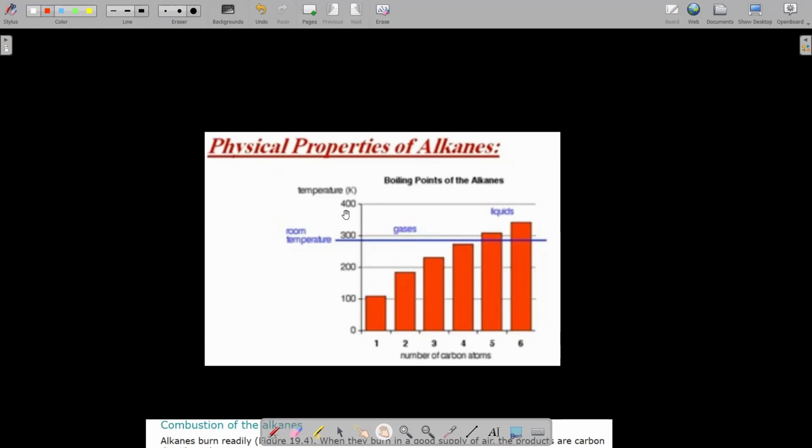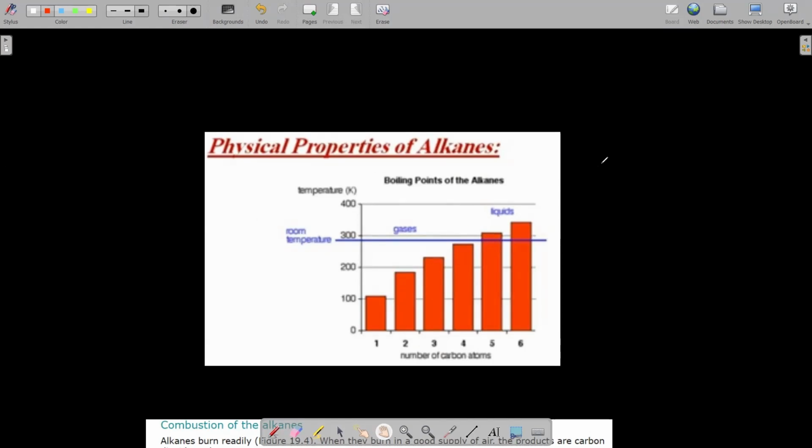I hope you all are able to infer this graph. On the y-axis, we have the temperature and the number of carbons on the x-axis. And if you see, the first four are gases. As the number of carbons increases, they change state to a liquid.